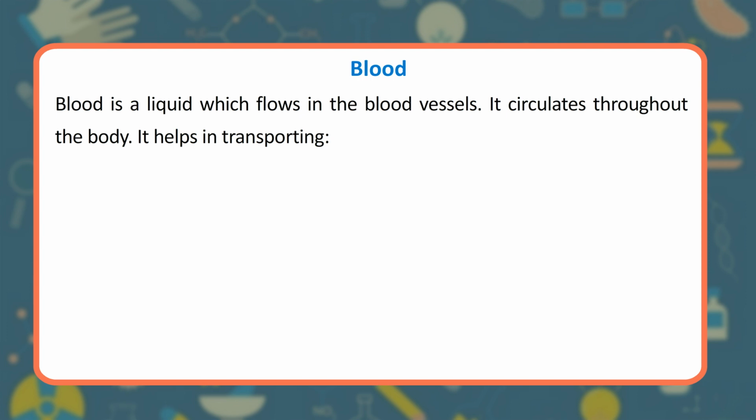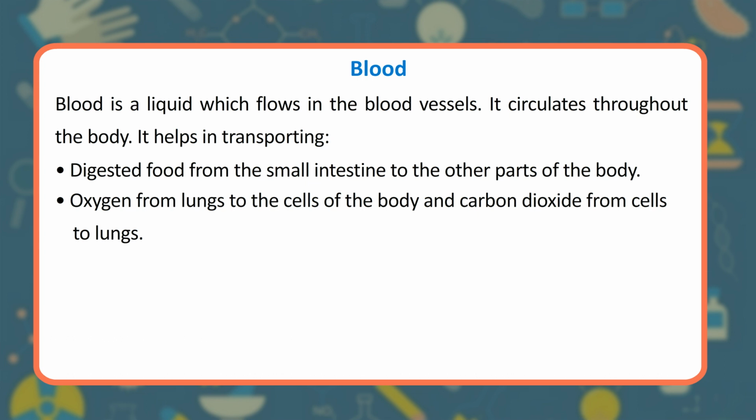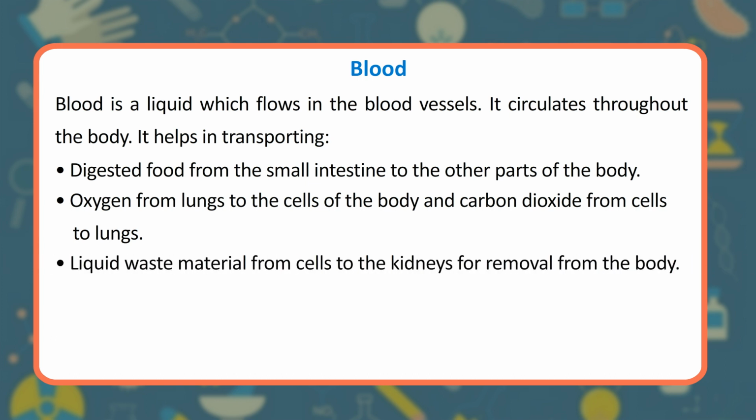It circulates throughout the body. It helps in transporting digested food from the small intestine to the other parts of the body, oxygen from lungs to the cells of the body and carbon dioxide from cells to lungs, and liquid waste material from cells to the kidneys for removal from the body.